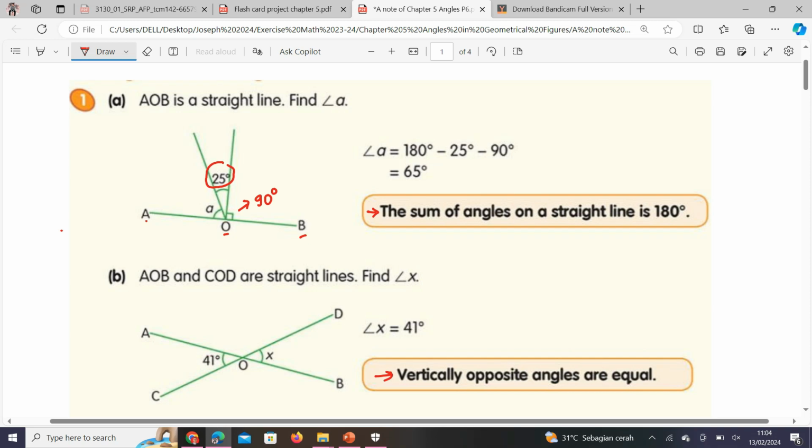So if you see that AOC equals 41 degrees, and then the angle of X or BOD, this is a vertically opposite angle. Meaning, if AOC equals 41 degrees, then the angle of X equals 41 degrees, the same as the angle of AOC. Okay, now we go to the next statement.